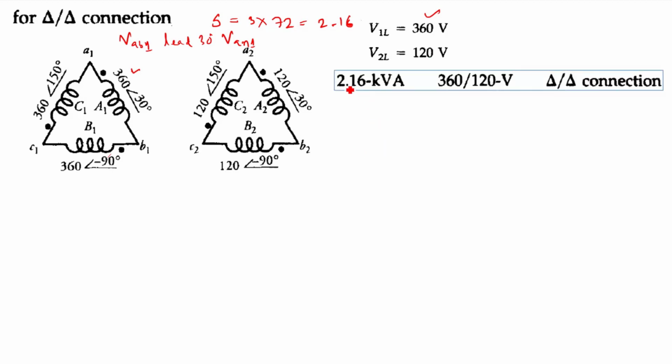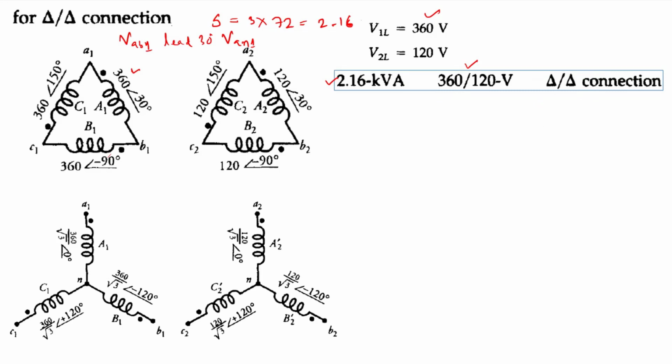And the transformer rating is like this. It will be 2.16 kVA, 360 to 120 volt is your nominal ratio, and this is your delta delta connection, right?